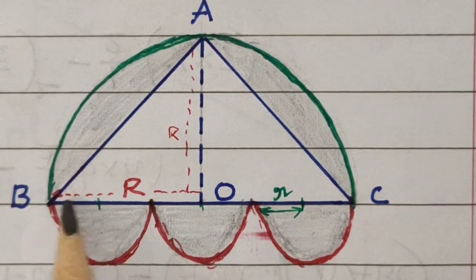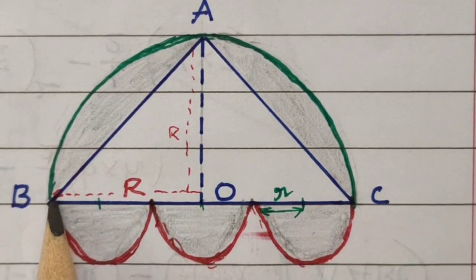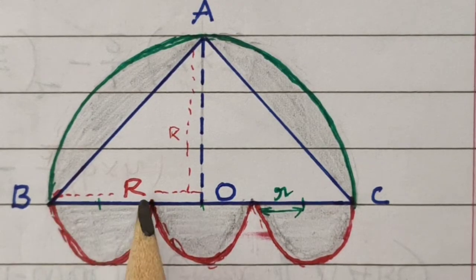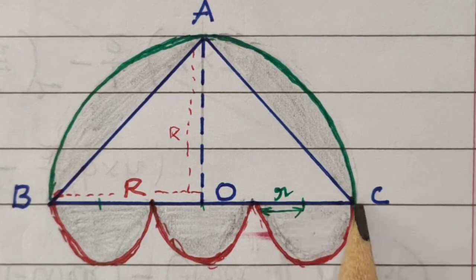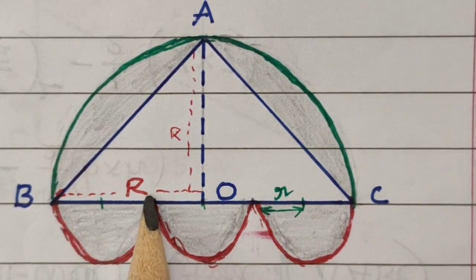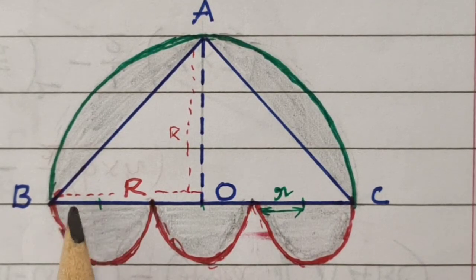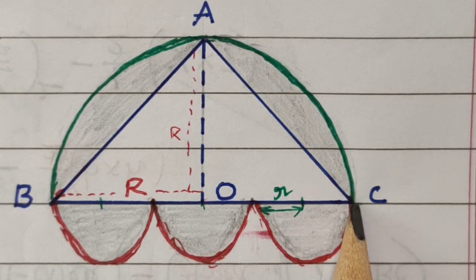So this part is equally divided into three parts, that is each part is 84 divided by 3. 84 divided by 3 will give the diameter of each small semicircle. When you divide that diameter by 2, it will give the radius of the smaller semicircles. So the whole thing is BC, that is 84, they were given.